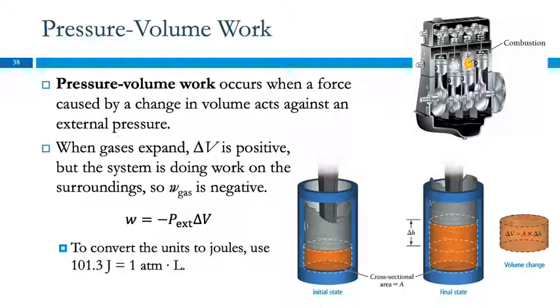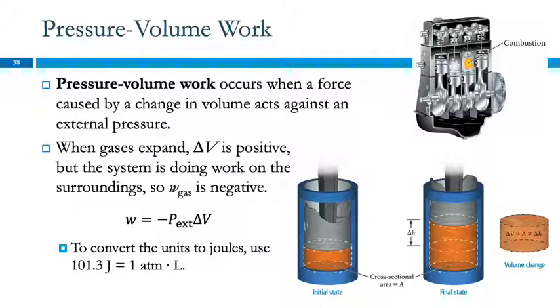Okay, so we talked about change in internal energy is equal to Q, the heat transferred, plus work. There are different types of work. One type is called pressure volume work, and this occurs when a force caused by a change in volume acts against an external pressure.